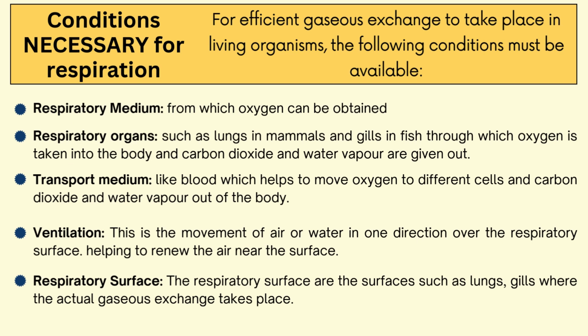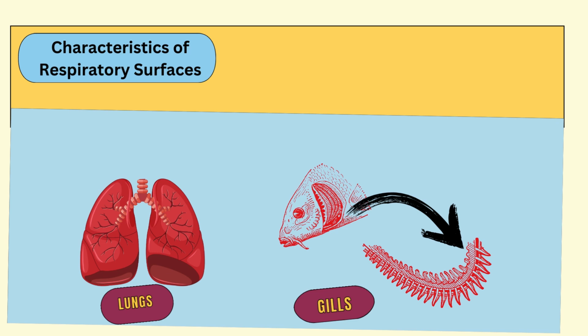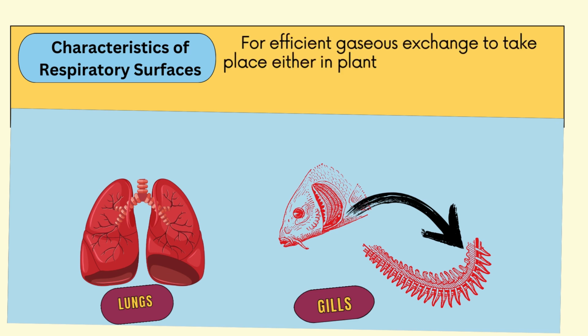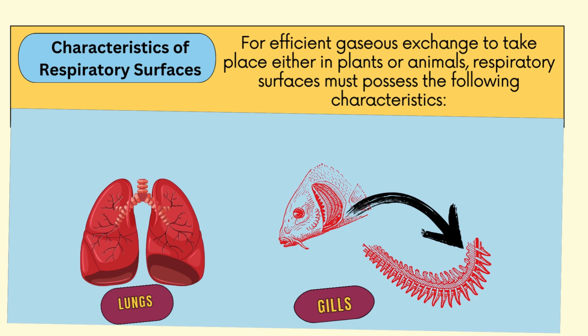Now, for respiratory surfaces to effectively carry out gaseous exchange, they must have some characteristics. So we are going to look at characteristics of respiratory surfaces. Characteristics of respiratory surfaces include the following.